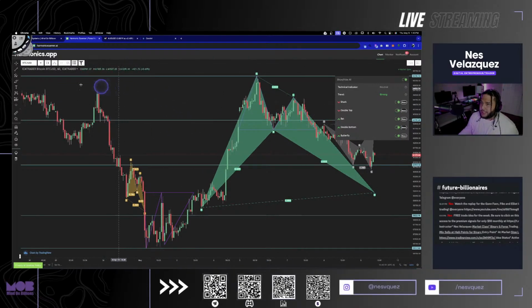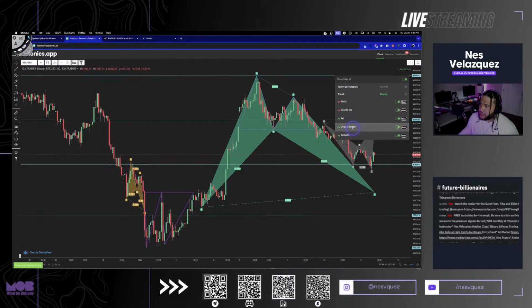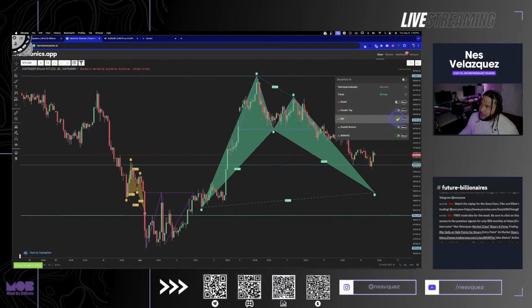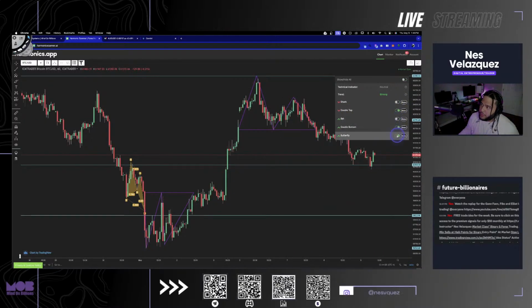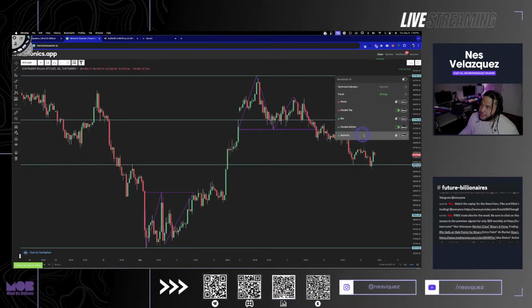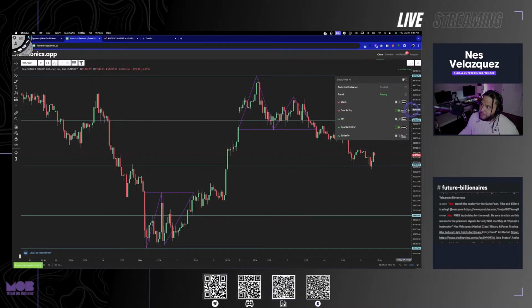Now, this system that I use also identifies traditional candlestick patterns that are not harmonic patterns. So, for example, this detects a double top right over here. So let me take out some of these harmonic patterns.